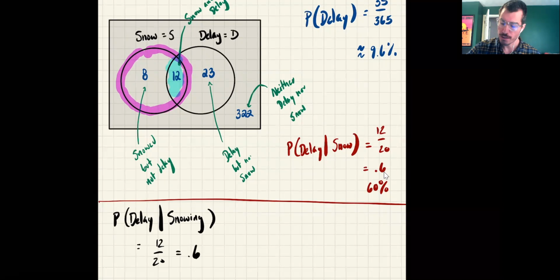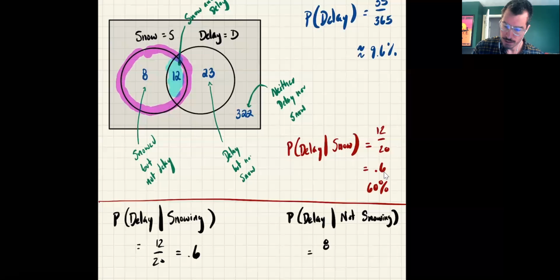We can also take a look at, well, what's the probability of a delay given that it's not snowing? How many days were we delayed when it wasn't snowing? So what's our total?